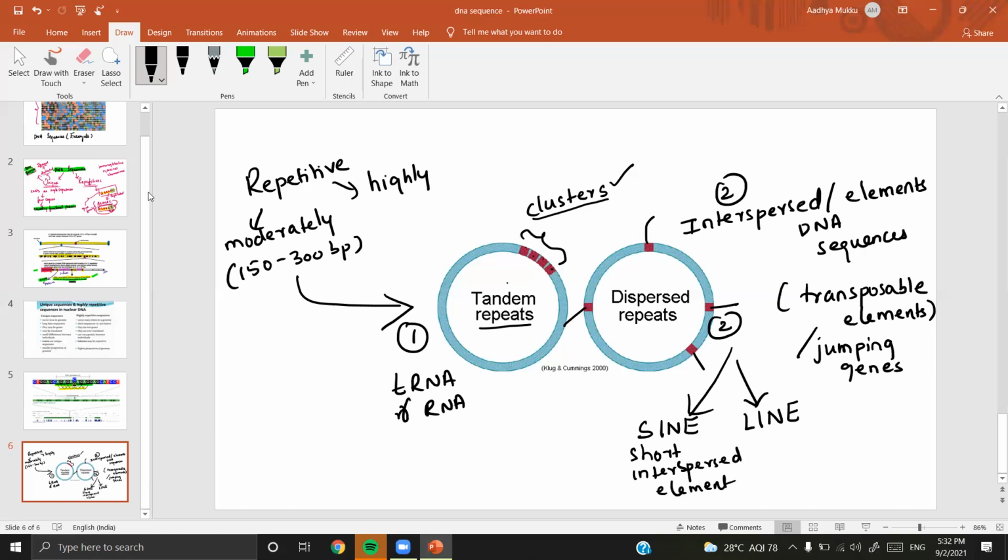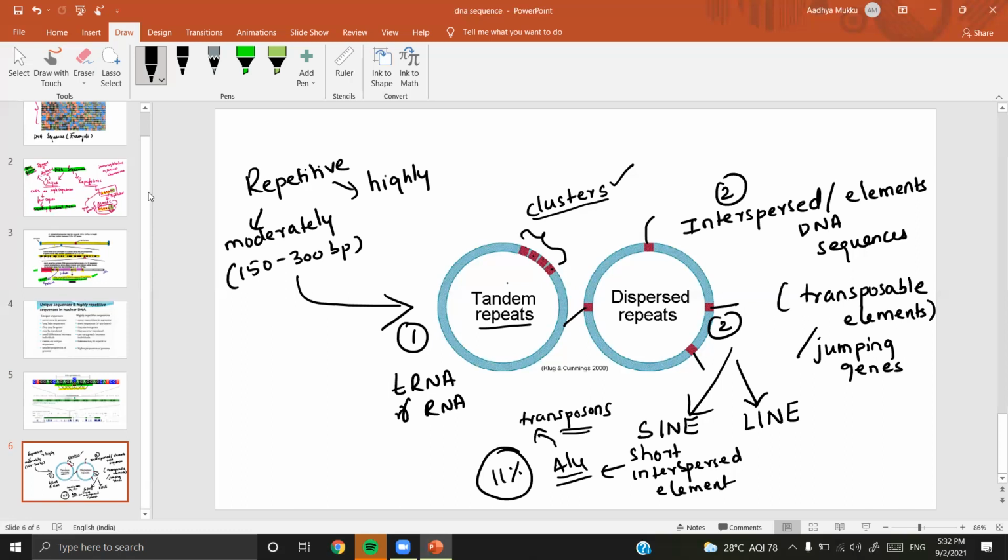The best example is the ALU sequences. The ALU sequences are present more than 1 million times in our human genome, and they make up around 11% of the human genome, children. And these are actual transposons which make multiple copies throughout the human genome.